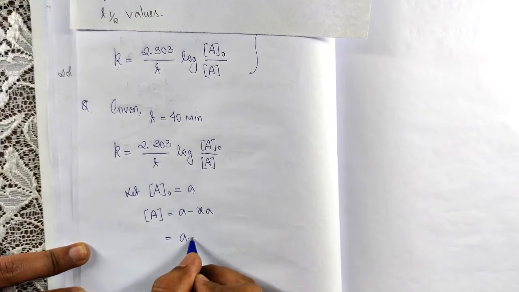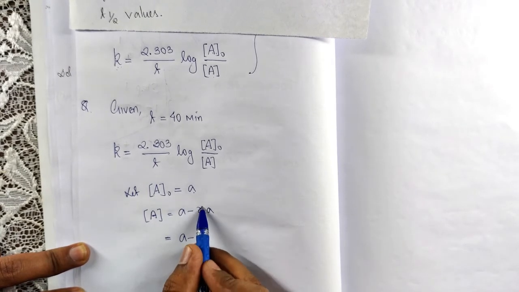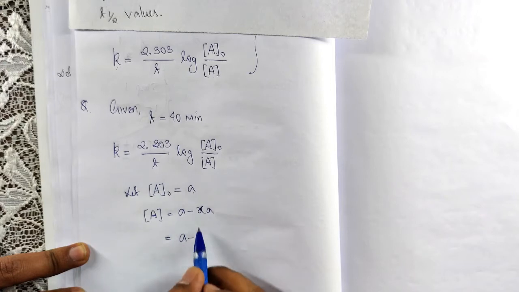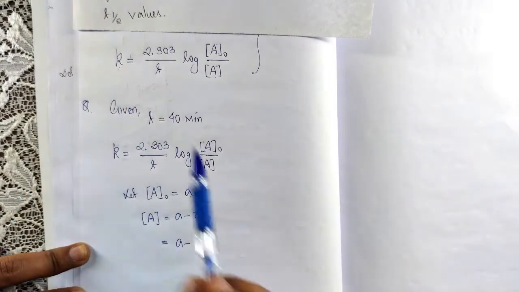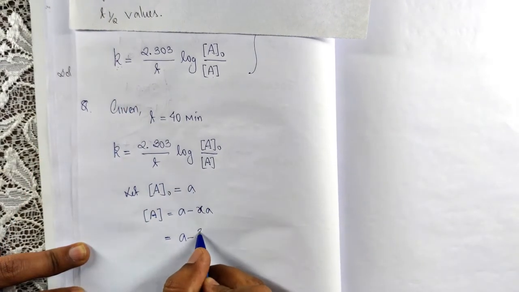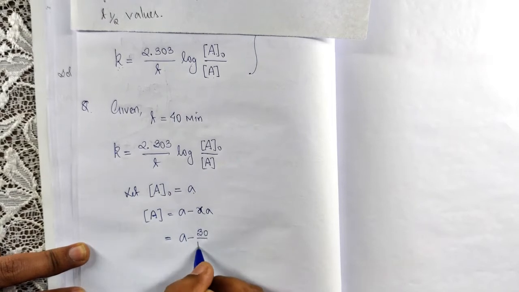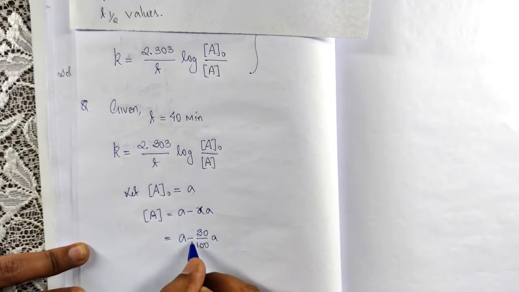Now what is this x? This is the percentage of decomposition. How much? 30%, right? So this x will be 30 by 100, since it is a percent, so 30 by 100 a.